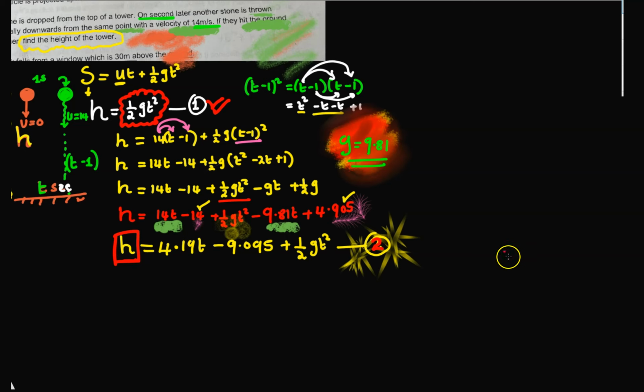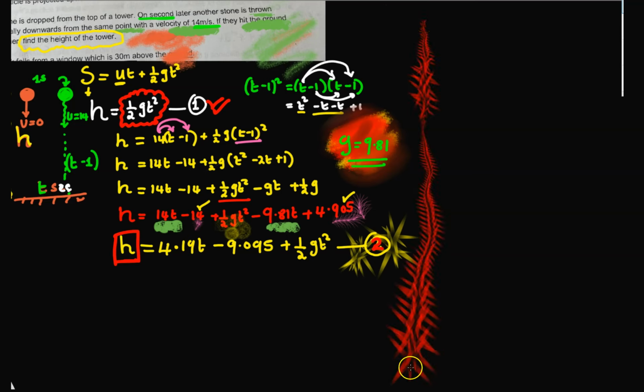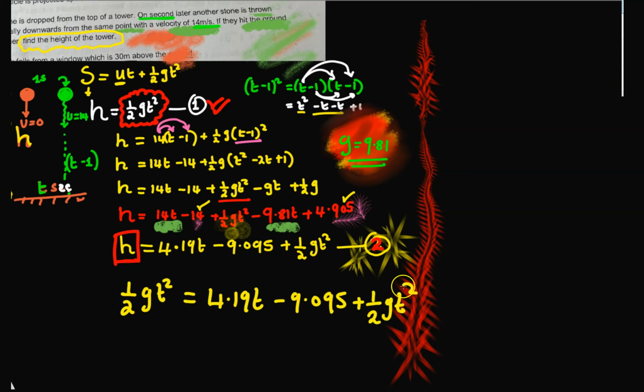We are going to have a half gt squared equals 4.19t minus 9.095 plus a half gt squared.